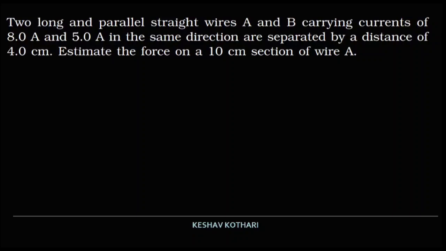Estimate the force on a 10 centimeter section of wire A. So the two currents I1 and I2 are 8 ampere and 5 ampere respectively, and they are separated by a distance of 4 centimeter.